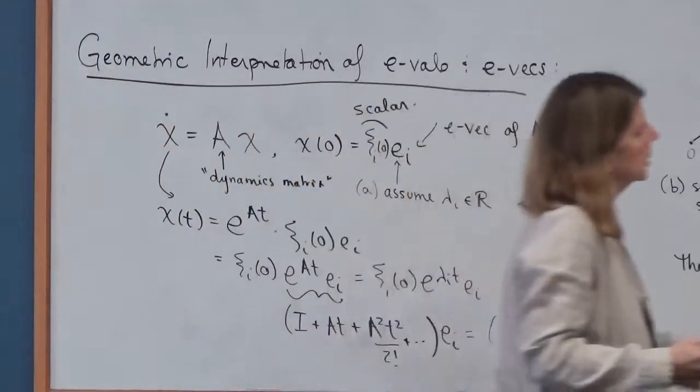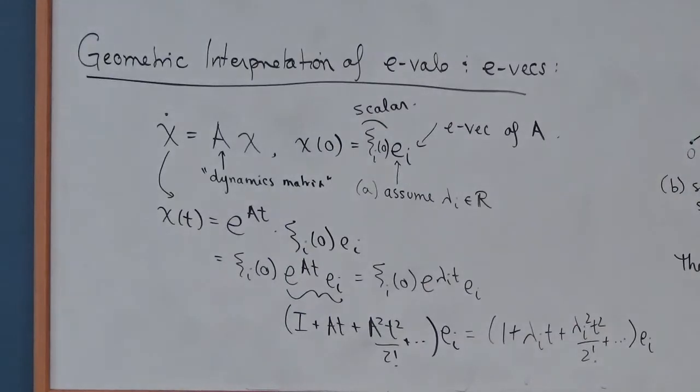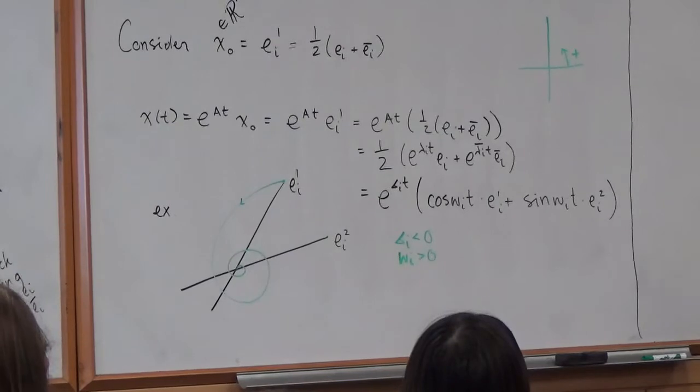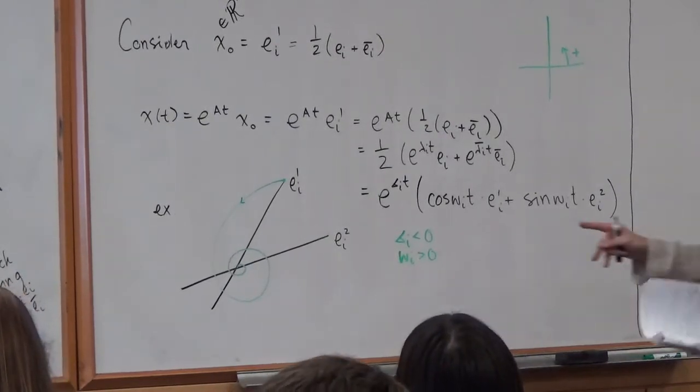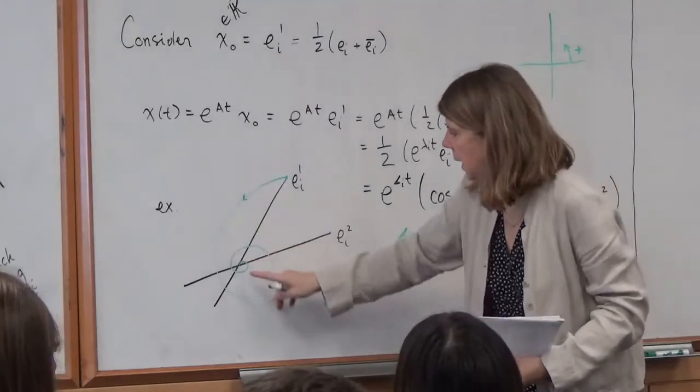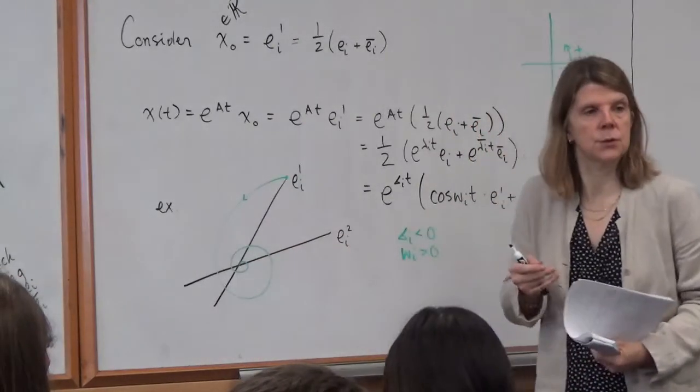In the case in which the initial condition is a linear combination of an eigenvector and its complex conjugate pair, you get a more general interpretation: you'll stay in the space spanned by those two eigenvectors.